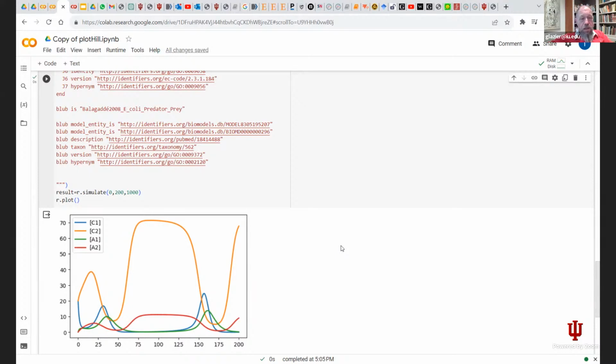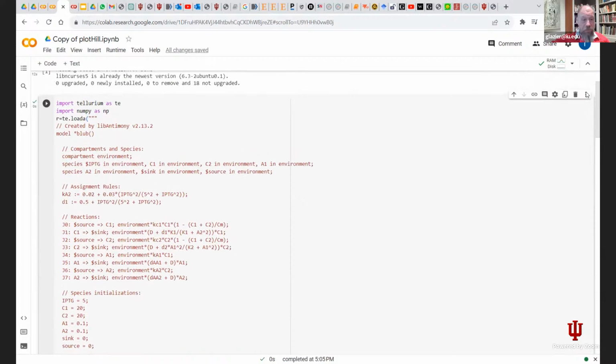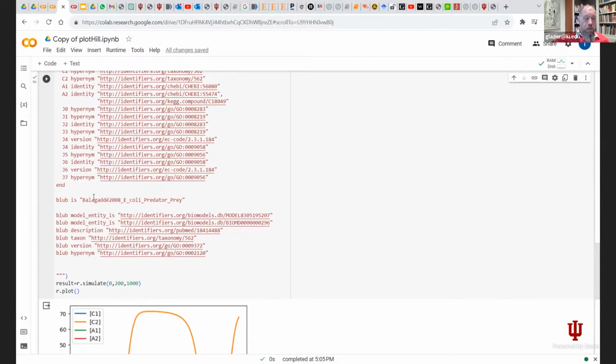And so there are ontologies which contain definitions of a variety of terms and concepts. And blurb here in Antimony is essentially saying that you're going to ignore this, you're not going to parse it. If you go back down to the bottom where you were, you see here it says blurb is, so that's the name of the model and the reference for the model.